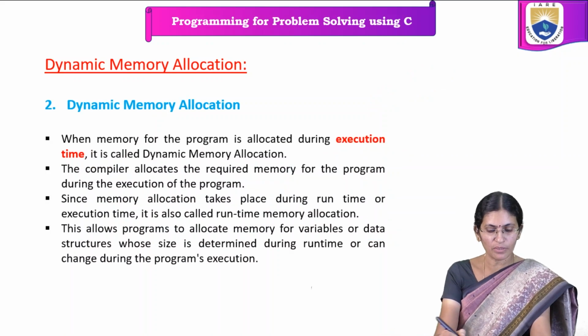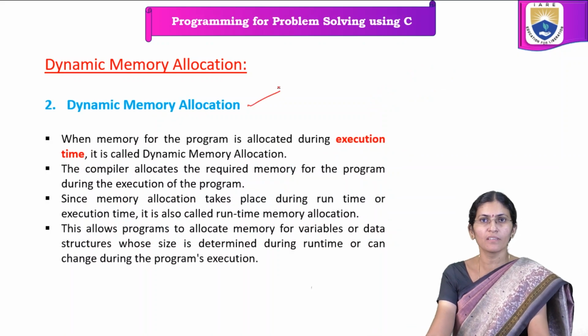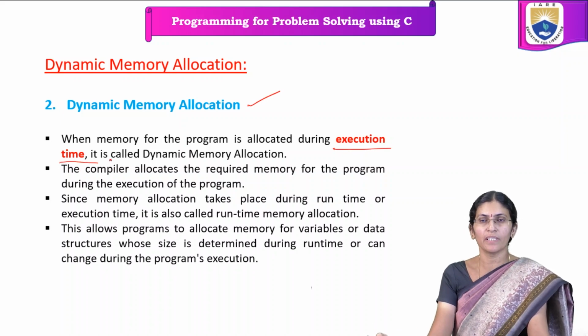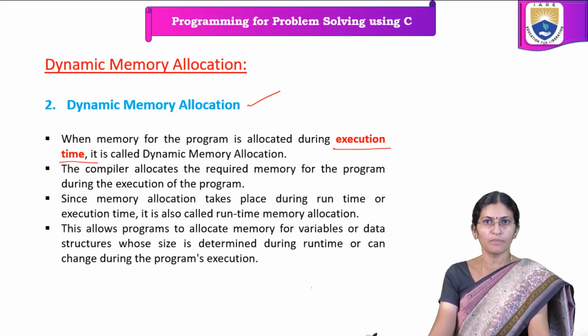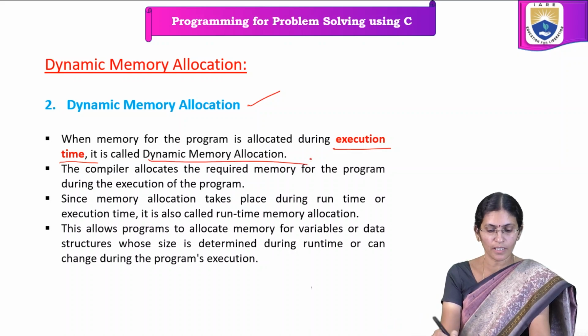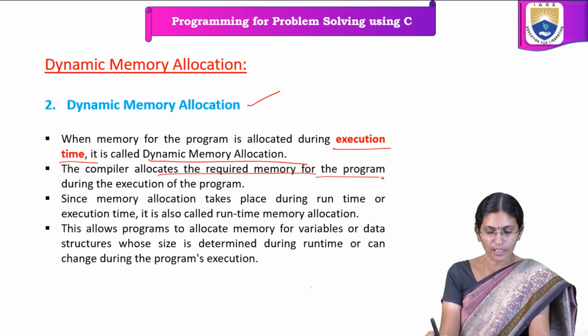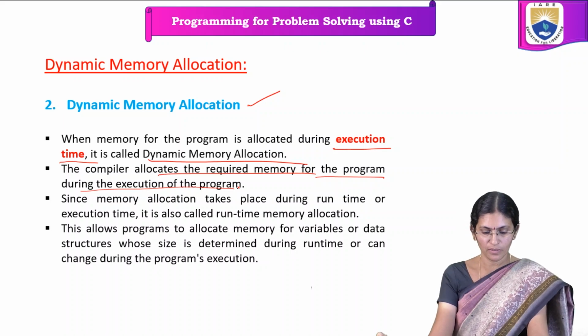Next, coming to dynamic memory allocation. When memory for the program is allocated during execution time, that is called dynamic memory allocation. The compiler allocates the required memory for the program during the execution of the program. So it is also called runtime memory allocation.